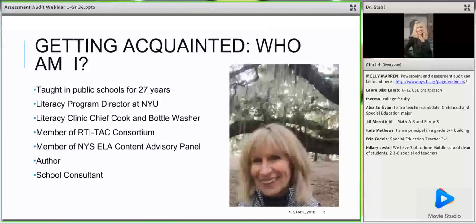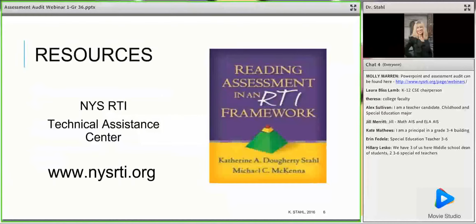So I stay very current with what's happening, and also the work that I've been doing the last 6 years with our RTI Technical Assistance Center, which enables me to get into lots of schools and see how they implement the RTI process, and also to support schools in conducting this audit and helping them to refine their assessment system.